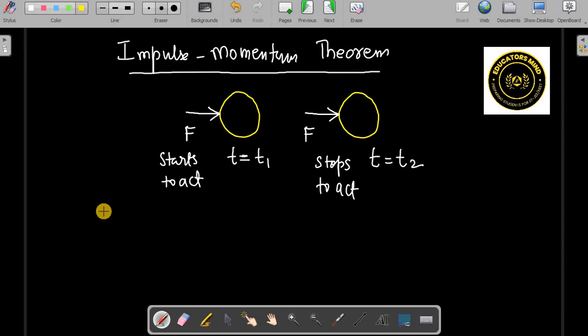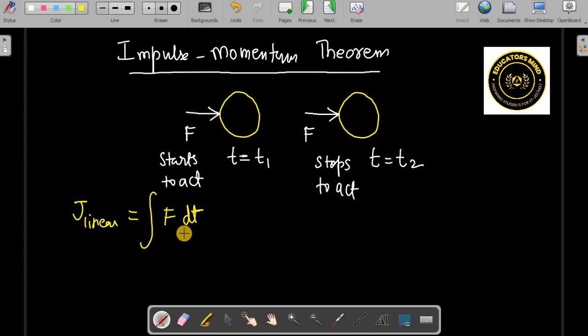So first of all, let's write what is impulse. I am writing J as the linear impulse. In general I can write it as the integration of force F into dt. If force is variable, you keep it inside the integration. If force is constant, take it out of the integration, right?